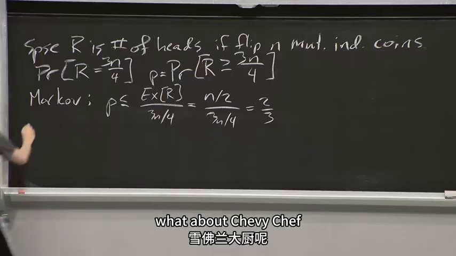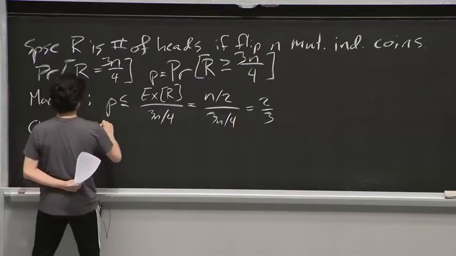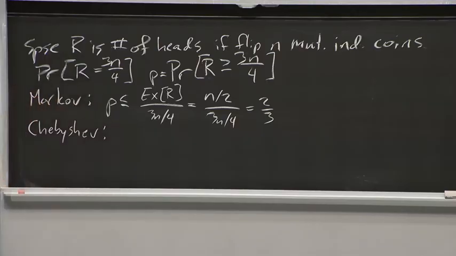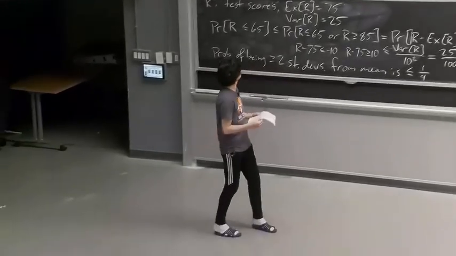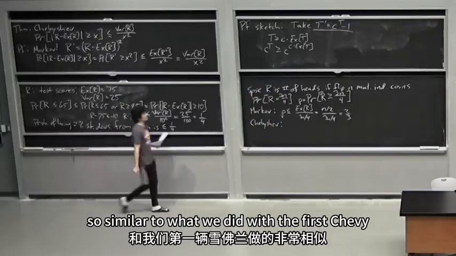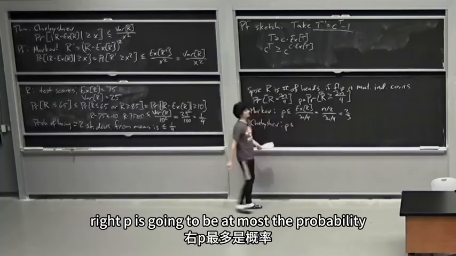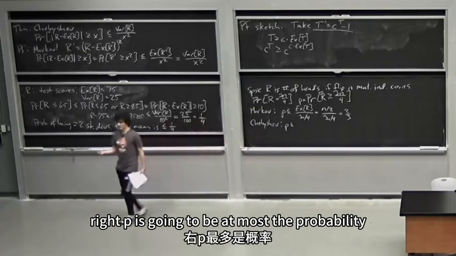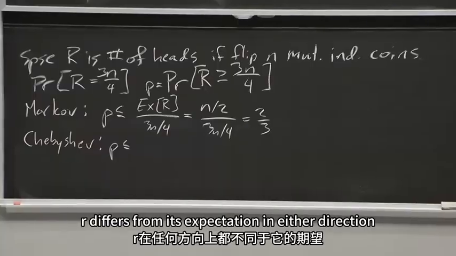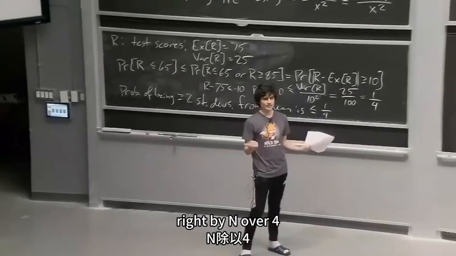What about Chebyshev? Similar to what we did with the first Chebyshev example, P is going to be at most the probability that R differs from its expectation in either direction by n over 4.